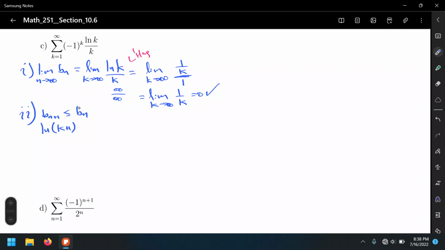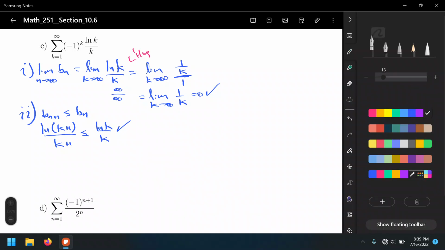I know we usually use the letter n, but for this particular exercise we're using k plus 1, less than or equal to ln of k over k. Well, in this case, this inequality is true, so both conditions are satisfied for the alternating series test.